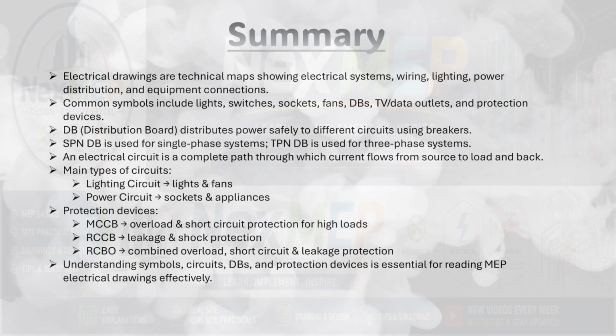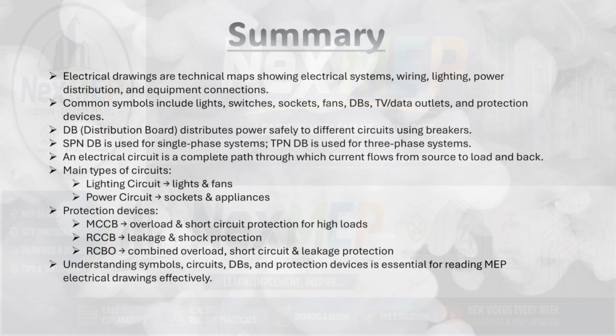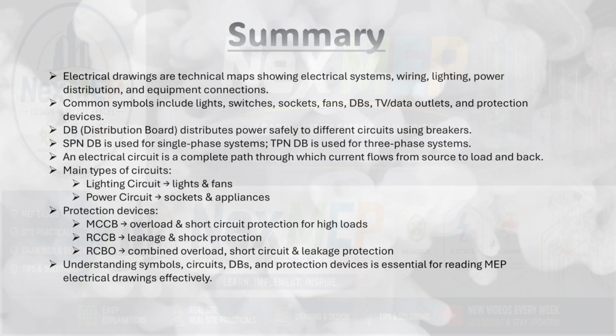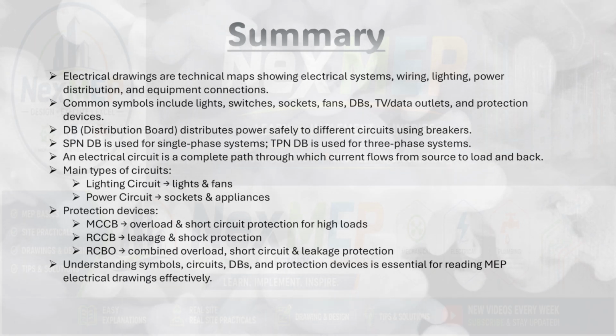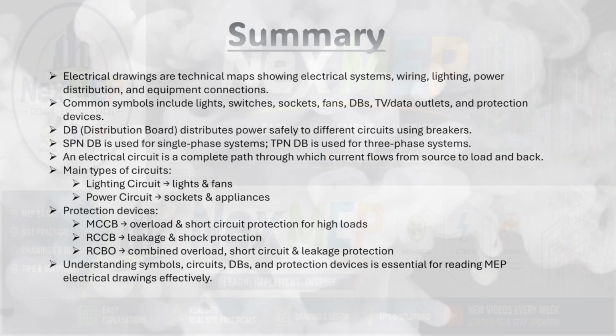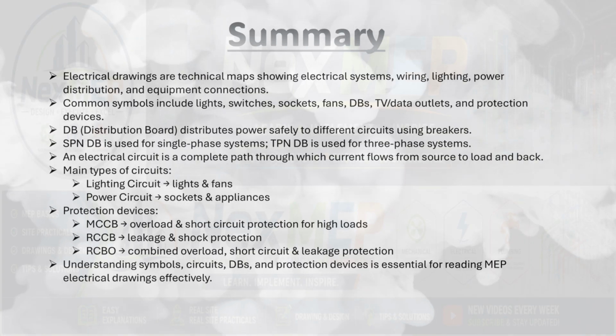Excellent! Let's quickly recap everything we learned today. Electrical drawings are technical maps showing wiring, lighting, power distribution, and equipment connections. Every item in a drawing has a specific symbol. Learn them. Common abbreviations like AC, FR, WM, DG, AFF are used throughout drawings. DB is the central point that distributes power safely using breakers. SPN DB for single-phase systems, TPN DB for three-phase systems.